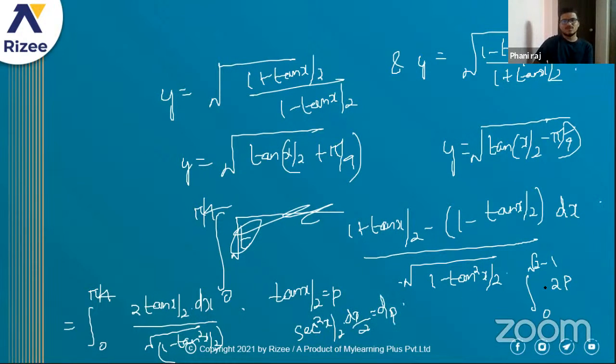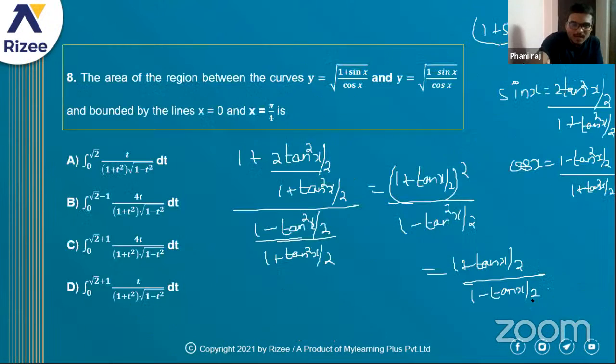So dx equal to 2 dp by secant square x by 2, which is 1 plus p square. So this is 4p dp by under root of (1 plus p square) into (1 minus p square), and the answer is root 2 minus 1. So option B is the answer.